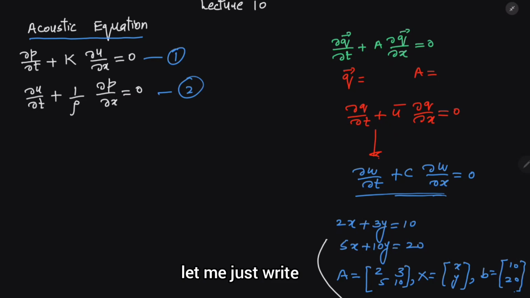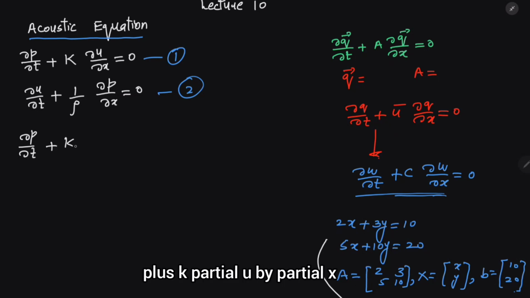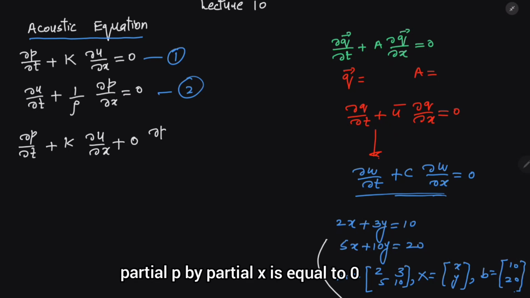Let me just write equation 1 as partial p by partial t plus k partial u by partial x plus 0 partial p by partial x is equal to 0.